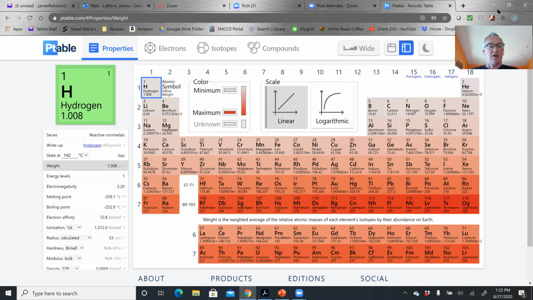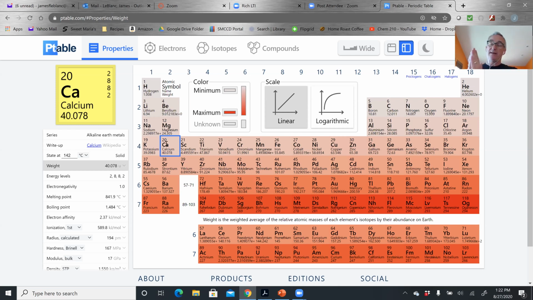So which element has an atomic number of 20? Calcium? Yep. So calcium has an atomic number of 20. And you can see from here that the atomic mass is generally about twice as much. There's usually about twice as many neutrons as protons.